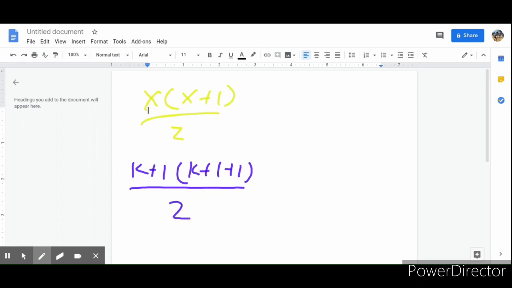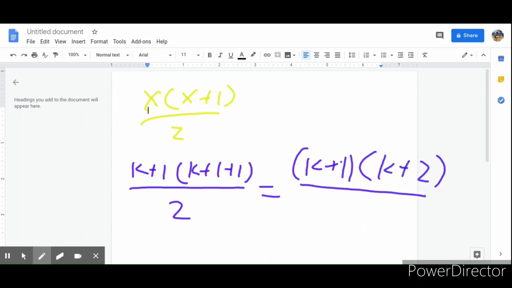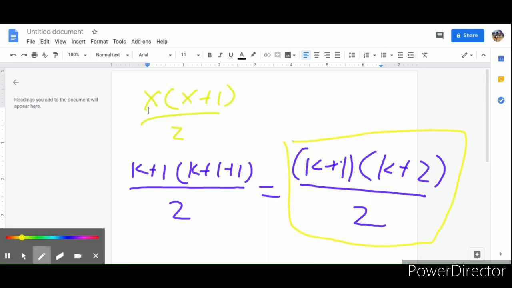If we simplify this, it equals k plus 1 times k plus 2 over 2. If you look closely, this is the same thing as the previous answer we got. It is equivalent to the other answer. Therefore, we know statement P has to be true.